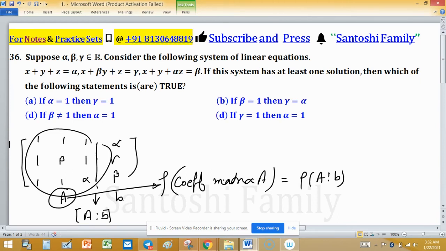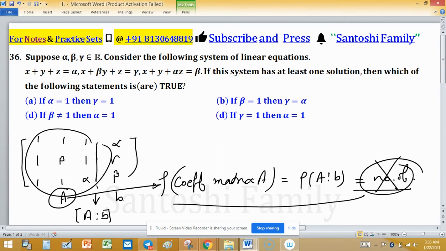For a solution, it is necessary that the rank of the coefficient matrix should be equal to the rank of the augmented matrix. If the solution is to be unique, then this will be equal to the number of variables, but this is not the condition here, so there is no need to write it. Only this is the necessary and sufficient condition for a system to have a solution.